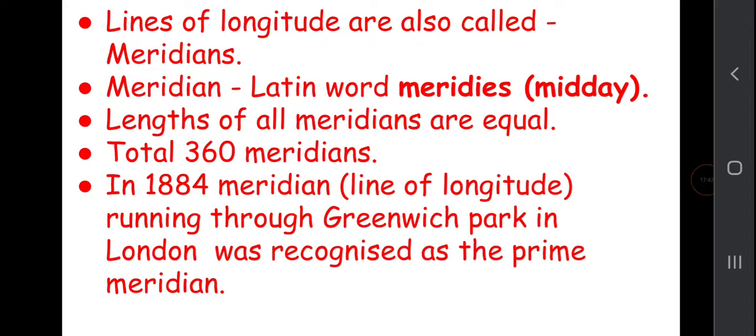There are a total of 360 meridians or lines of longitude: 0 to 180 in eastern hemisphere and 0 to 180 in western hemisphere. So 180 plus 180, total 360 meridians. And in 1884, the meridian line of longitude running through Greenwich Park in London was recognized as the prime meridian.